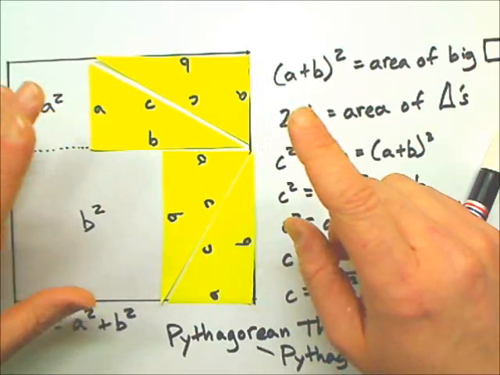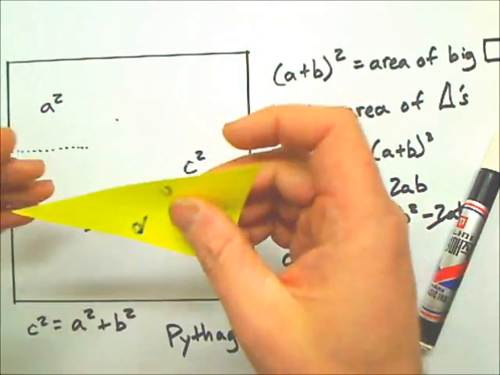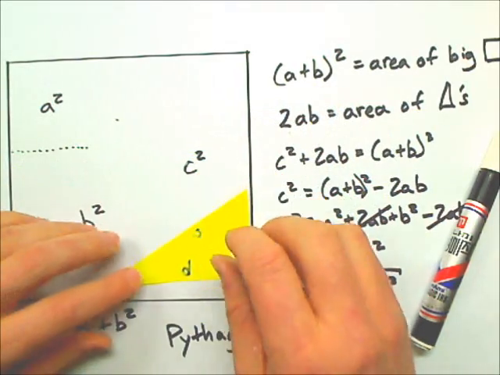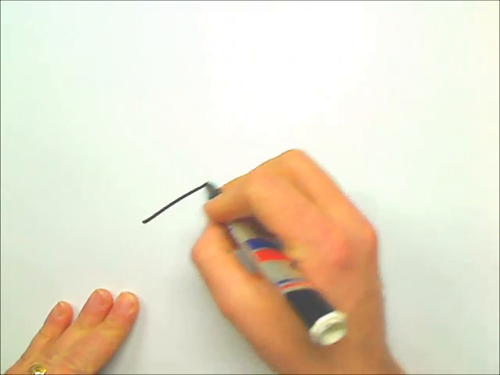Oh, here's one more thing to know. One more word to know. Right triangles. Let's get a new piece of paper. One more thing to know, a little jargon for you. Right triangles.